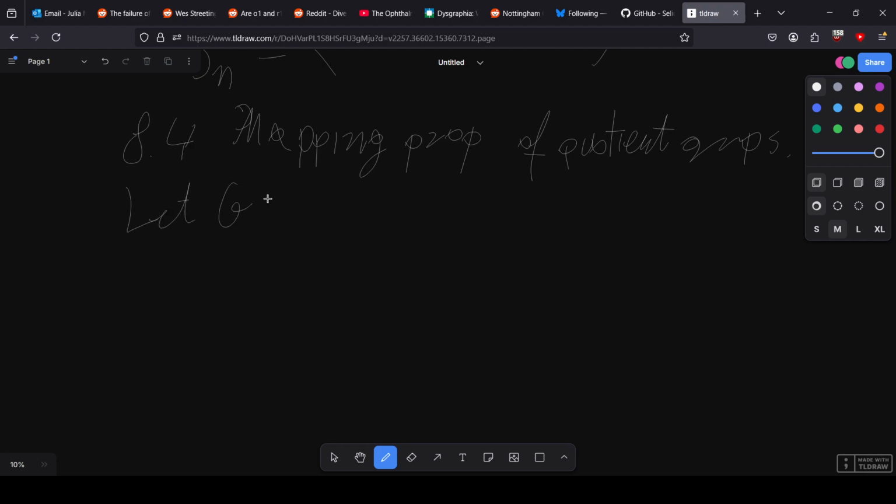So we let G be a group, and N be a normal subgroup of G. We let pi be the natural function from G to G quotient N, i.e. pi of some g is equal to the coset Ng in G quotient N.